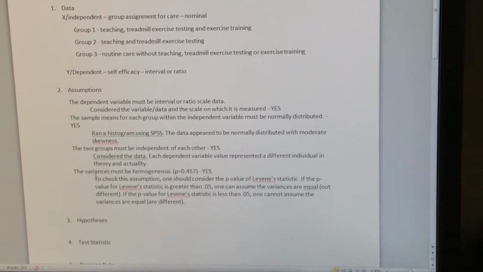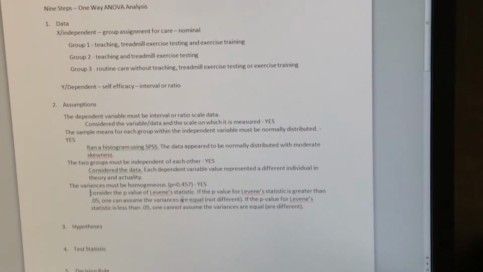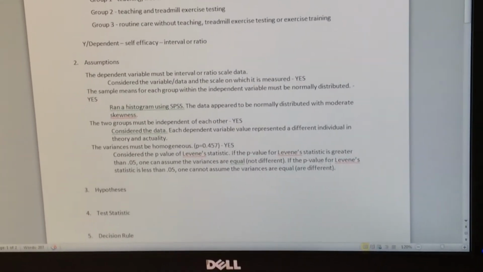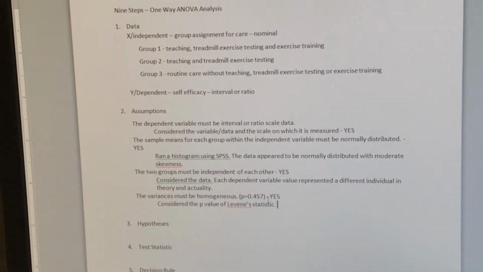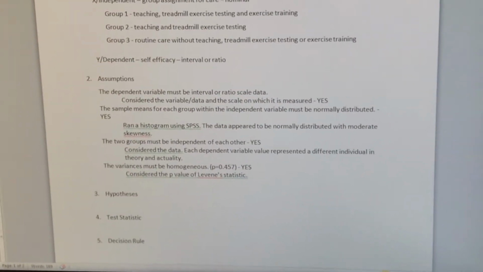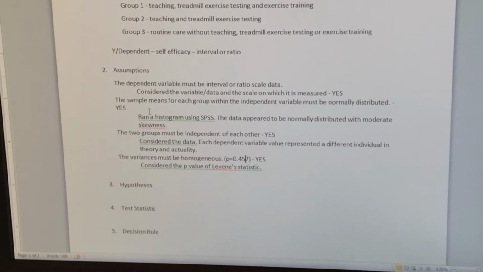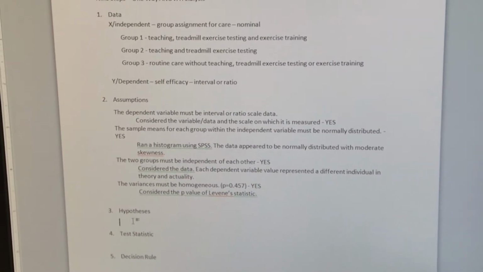So we considered the p-value of Levene's test. And I always just like to include that p-value so that if you're going back to study again, you can see where it came from. Okay? So we have met all of our assumptions for a one-way ANOVA. Whew! That's the long part of doing the ANOVA.